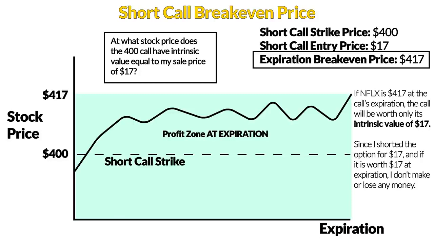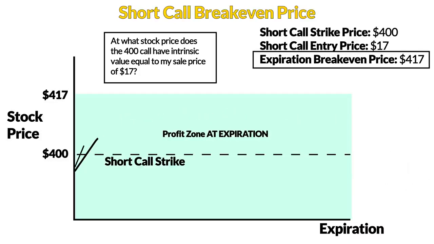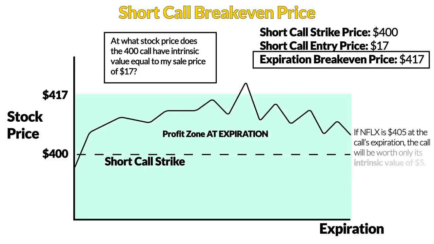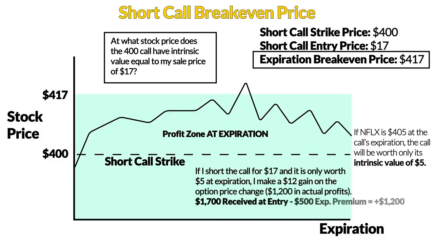So what if Netflix shares are at $405 at expiration? Well, the 400 call option would have $5 of intrinsic value, no more extrinsic value, which means I would have a $12 profit on my short call position.